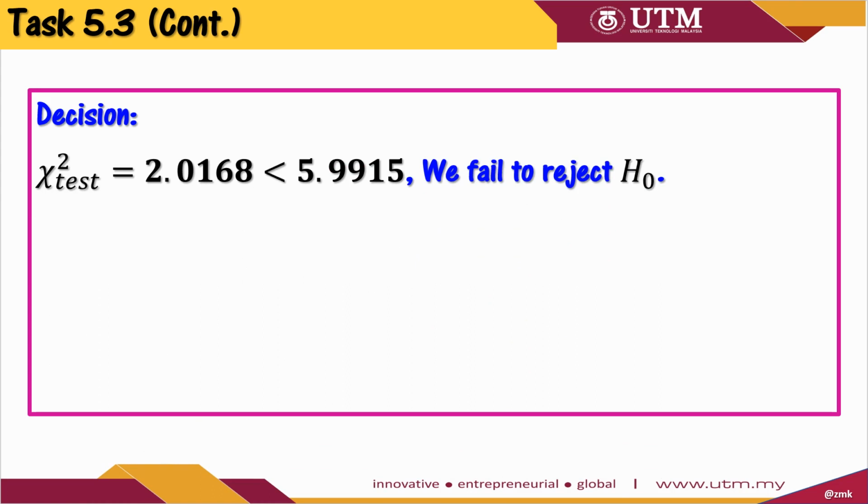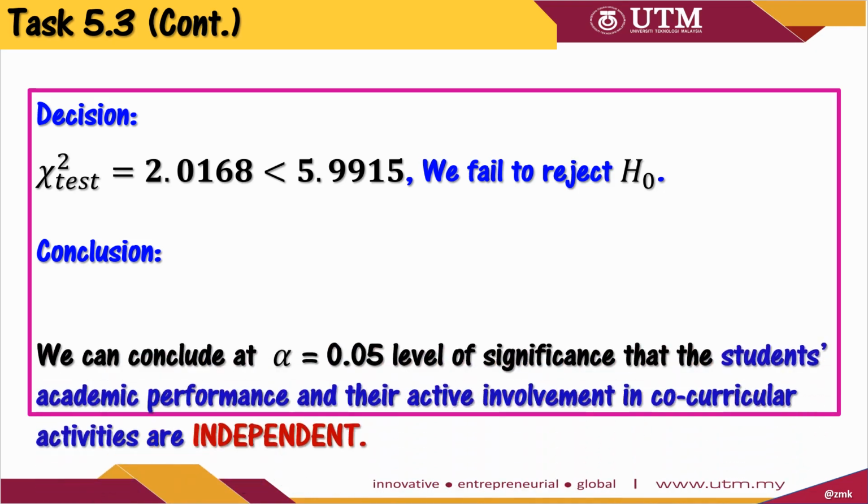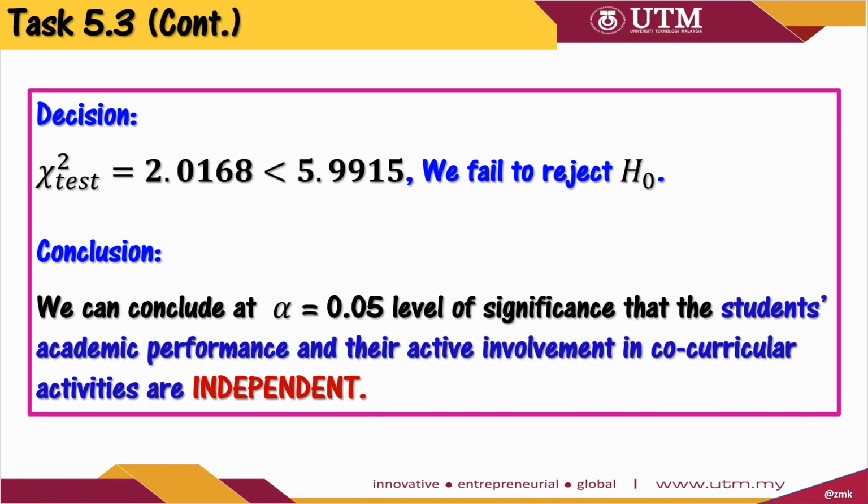This decision leads to a conclusion that at alpha equal to 0.05 or at 5% level of significance, the students' academic performance and their active involvement in co-curricular activities are independent. Alternatively, you can also conclude that the sample data do not provide any strong evidence at 5% level of significance that the two variables are dependent.